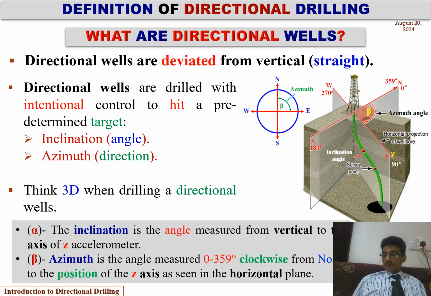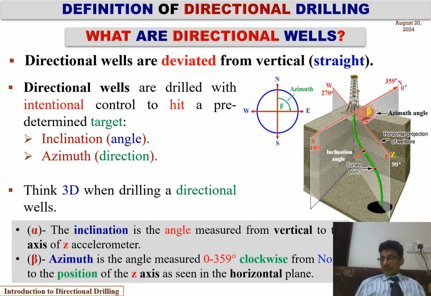When we are drilling a directional well, we should think 3D. For example, we have here the vertical side, and after that we have the angle alpha, the inclination angle.